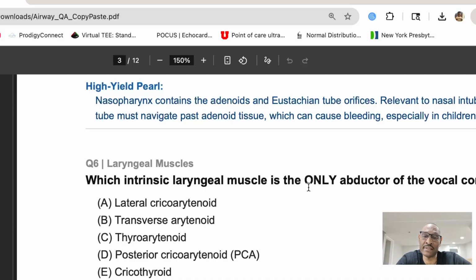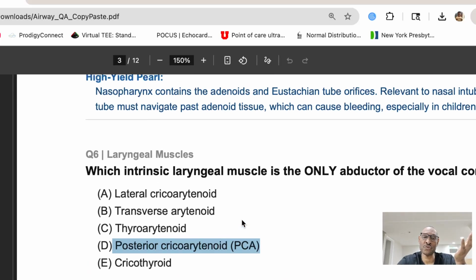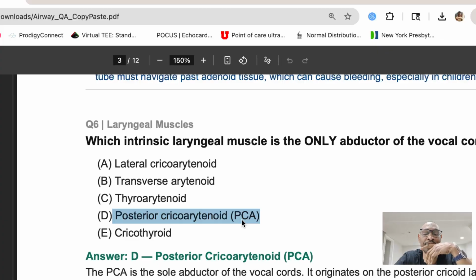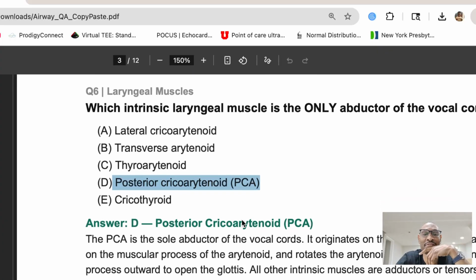So the only abductor of the vocal cords, the only thing that takes things back, is going to be the posterior cricoarytenoid. Okay. That might not work for you. It worked for me. However you learned it, if you guys have another way that you memorized it, please share. I'll take it. This has worked for me for years, so I'm rocking with it. But I'm always open to learn new stuff too. So let's go.